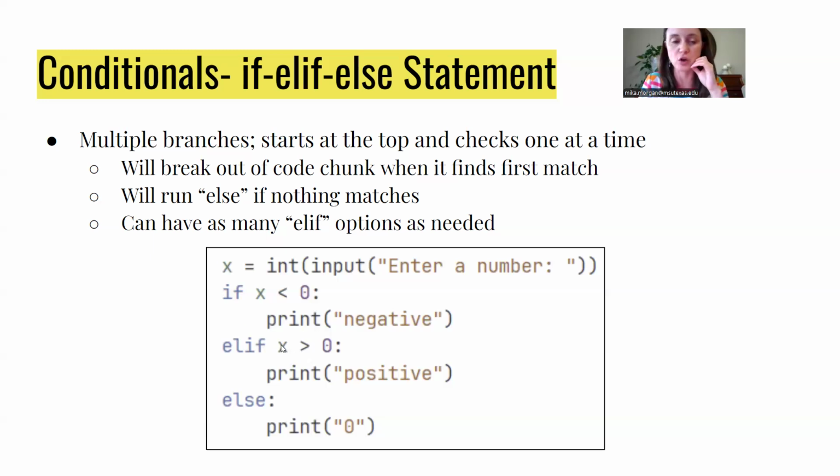Else if, which here we call elif: if your number is greater than 0, then that number is positive. If you checked this and it was false, and if you checked this and it was false, then the only other option is that the number equaled 0. So that is my else branch. That is my any other option. It must just be 0.